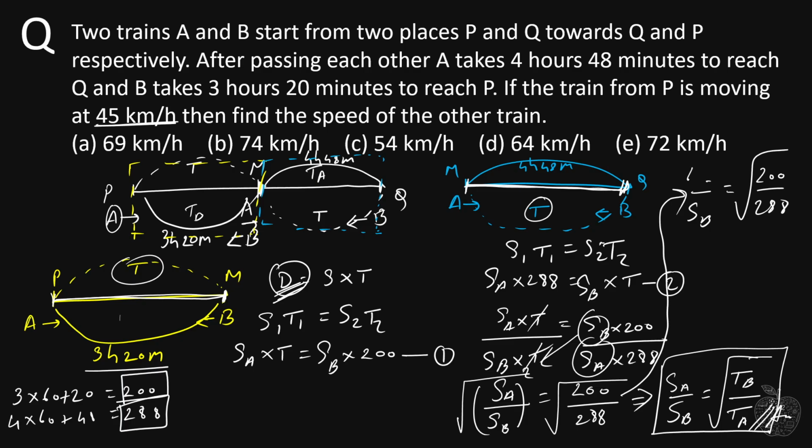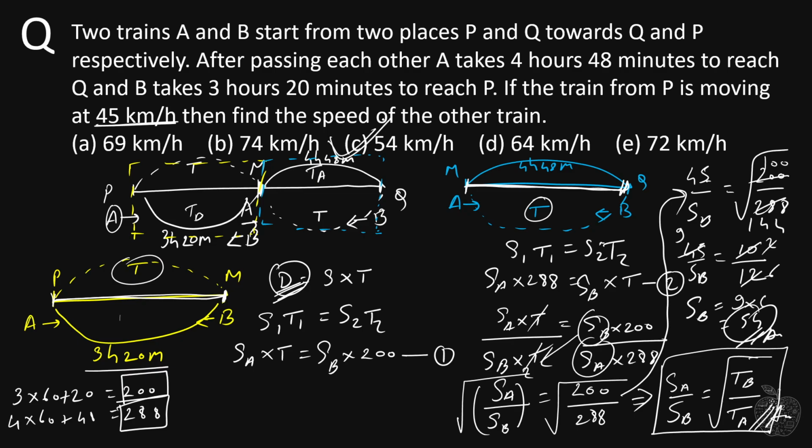Let's simplify: the square root of 100 is 10 and the square root of 144 is 12. So we get 45 by SB is equal to 10 by 12. Solving, we get our answer SB is equal to 9 into 6, which is 54. This is our required answer. So here option C again is the correct one.